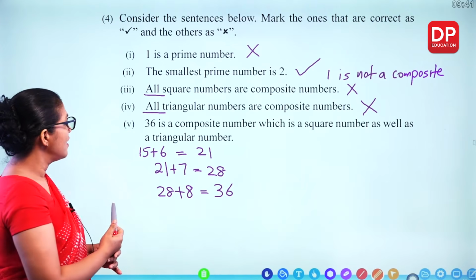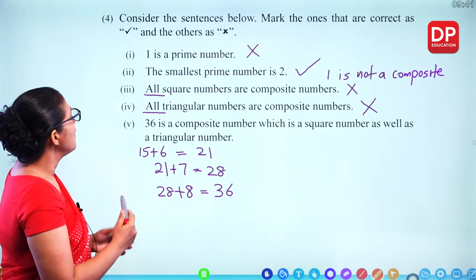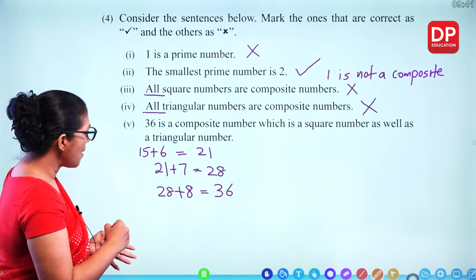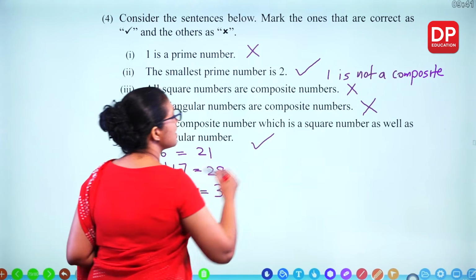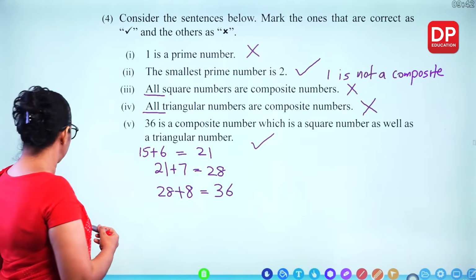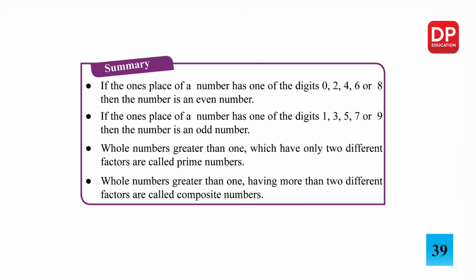So that's a triangular number. So 36 is a composite number, a square number, and a triangular number. That's correct. So we covered all theory related to numbers.